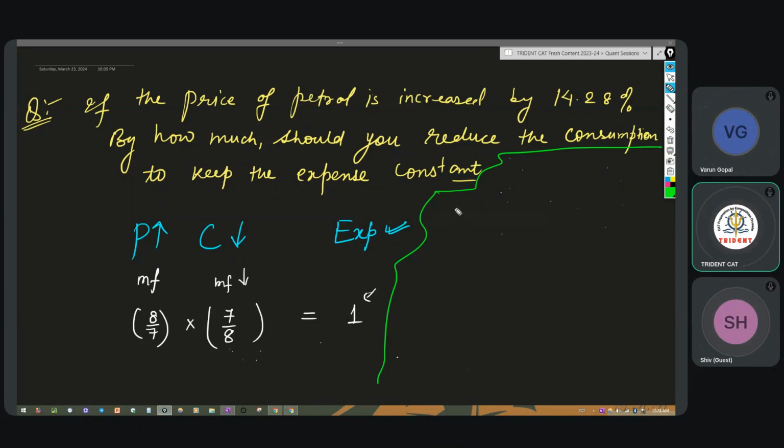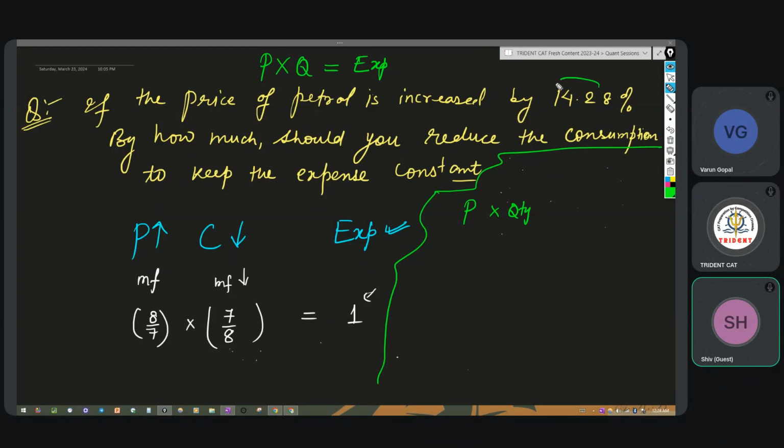Just now I said that price into quantity, or consumption, you can use both. So P into Q will be equal to EXP, that is the expenditure. Now suppose initially the price was fixed for some quantity of petrol. Quantity means the consumption, the amount of petrol.